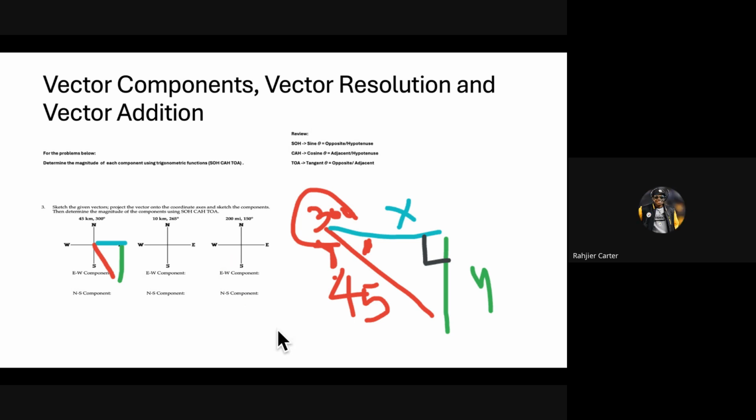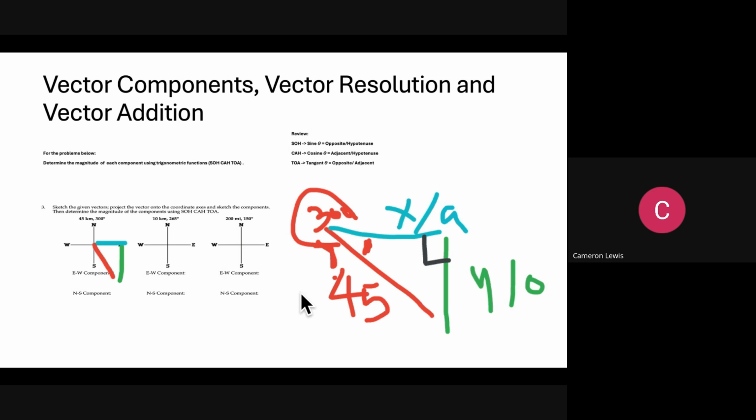Is the blue my adjacent or opposite? The adjacent is the adjacent, because the Y is the opposite. Good. So this is the adjacent, and then the Y would be the opposite.